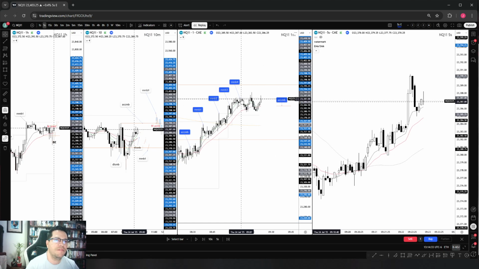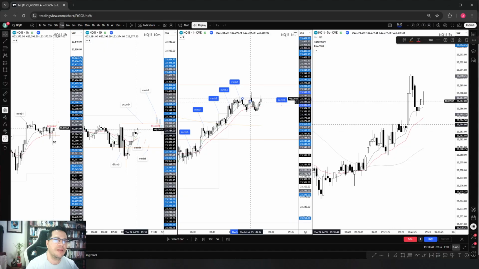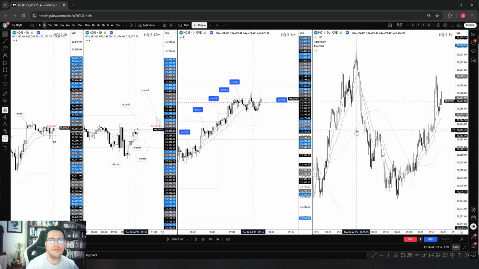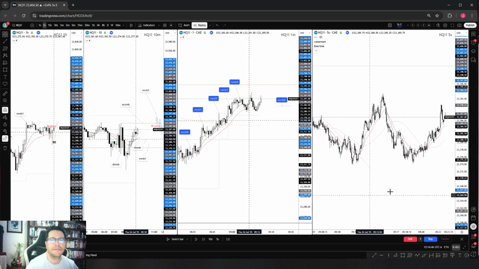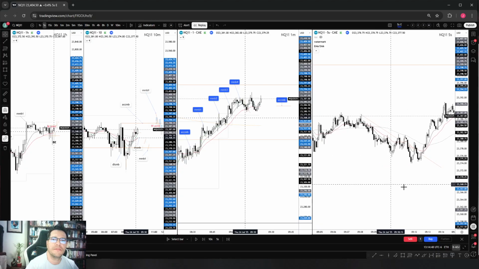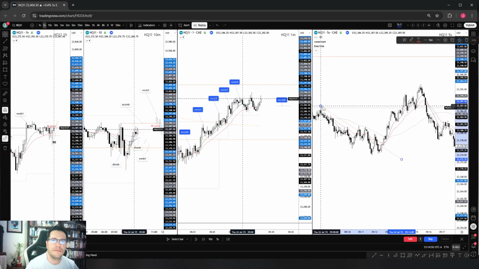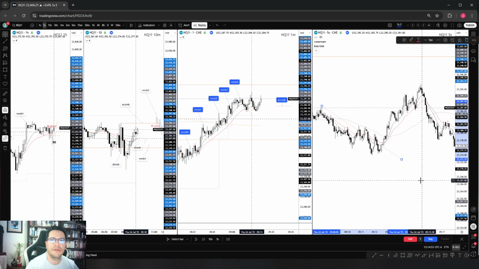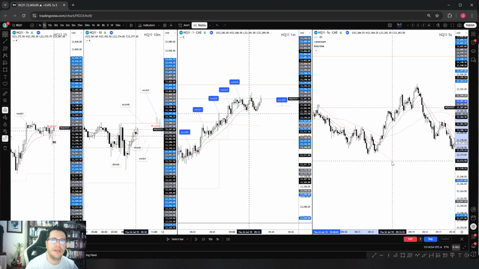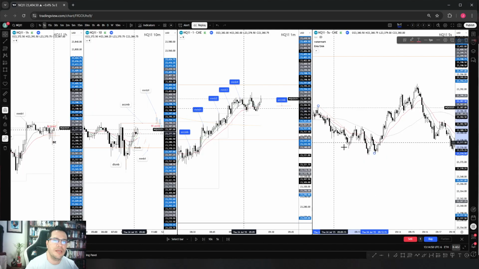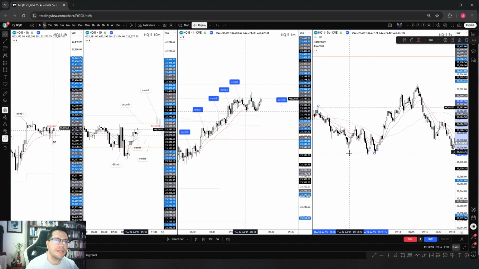So just to be fair and take a look here, just see if we would have had any sort of opportunity from there. This would have been our containment line. At this time here, price came back to the 20.